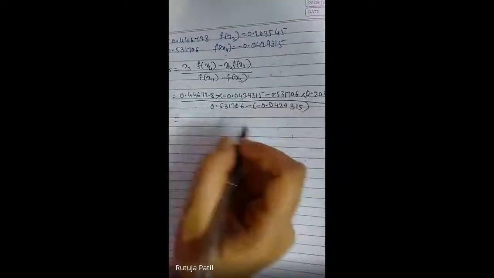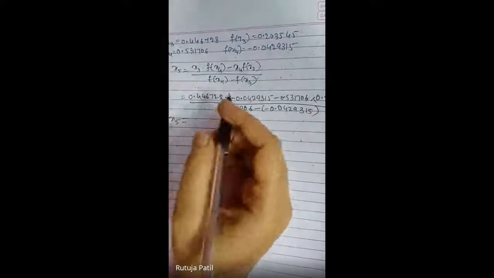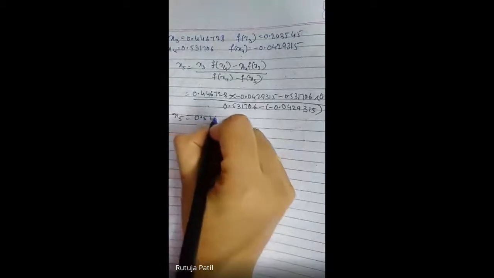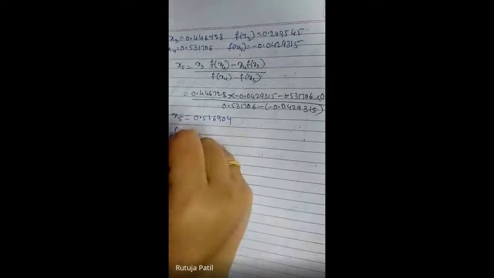Okay, now if you take the calculator and calculate the value for this, we will get x5 as 0.516904.